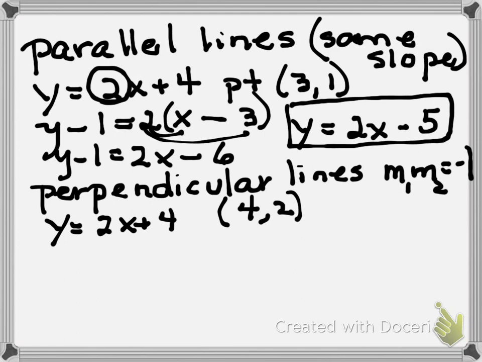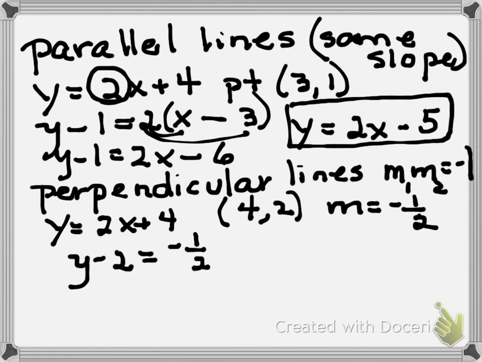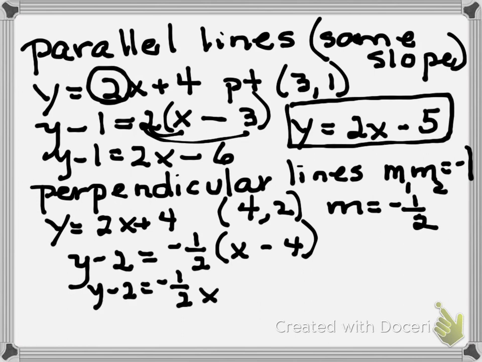So the slope that I'm going to use is the negative reciprocal, -1/2, because the product of 2 and -1/2 is -1. So y minus y1 equals the slope, -1/2, times x minus 4. y minus 2 equals -1/2 x plus 1/2 times 4 is 2.